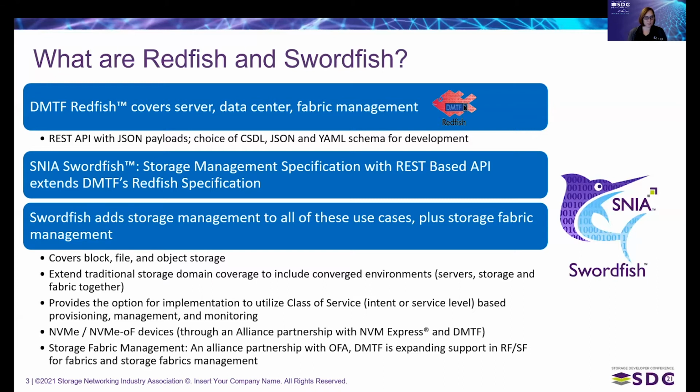We've also been working on adding storage fabric management through another alliance partnership, this time with the OFA or OpenFabrics Alliance. We're working with DMTF and Swordfish to bring that base fabric management to cover the storage management use cases, and from an OFA perspective, to cover all of the different types of fabrics comprehensively.